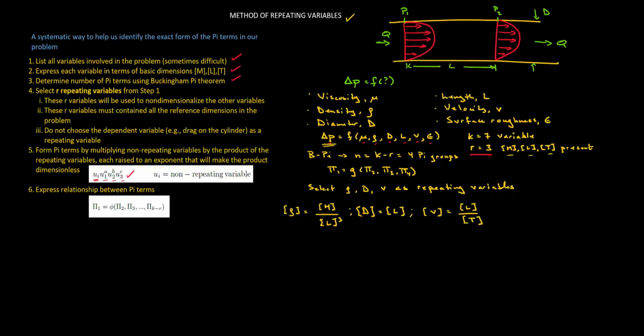So we see that mass, length, and time appear. So we are good. So these 3 repeating variables are valid to use in order to non-dimensionalize the remaining variables. Okay, so these remaining variables that we will need to non-dimensionalize are mu, the length, L, and the surface roughness, epsilon, and the pressure drop, delta P.